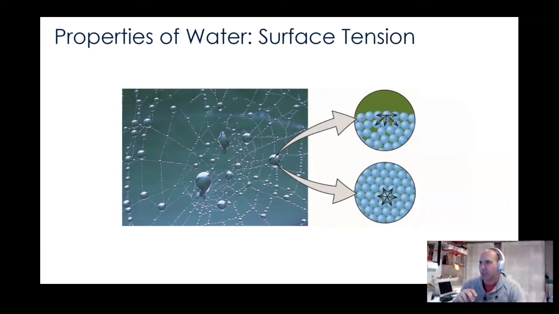When we have an interface, we have water molecules and then air molecules above. The water molecules are strongly attracted to one another by hydrogen bonding. If we think of these attractions as vectors, there's essentially a net vector towards the center of whatever bit of water there is. Oftentimes gravity gets in the way, but in a little bead like this, the water molecules pull in towards themselves.